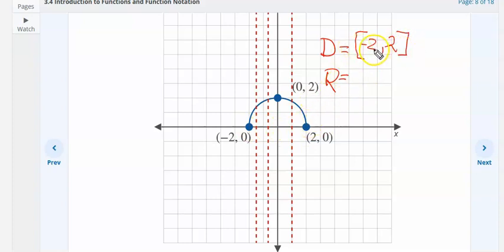The bracket indicates that the item is included in the set. This is interval notation. Now, for the range, again, we're projecting these blue lines to our y-axis. So 0 is in the set, and it goes up to 2.